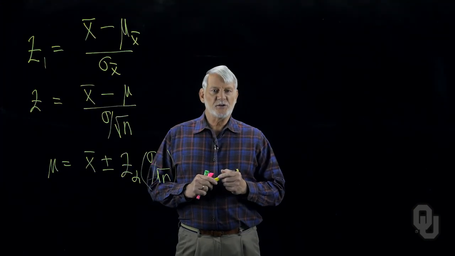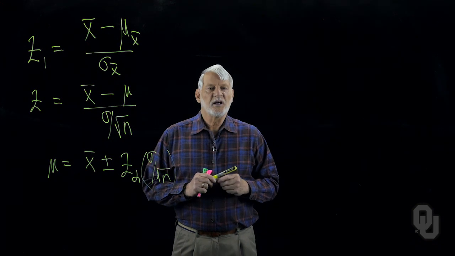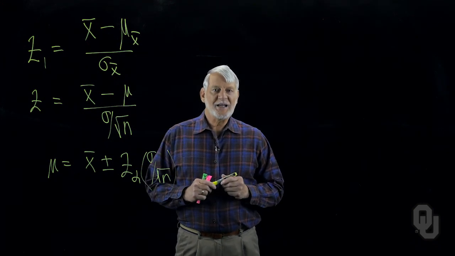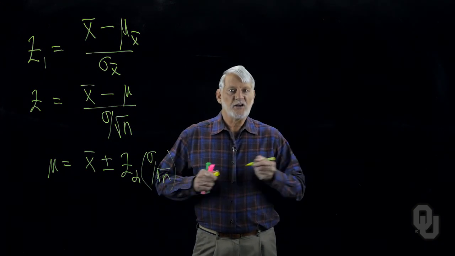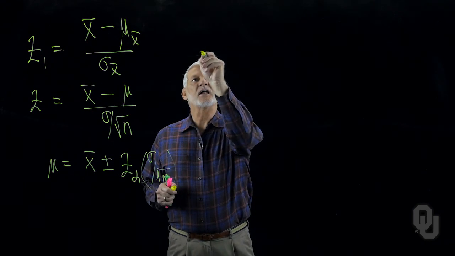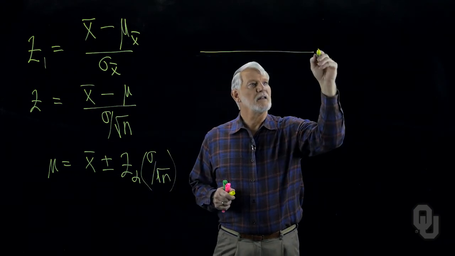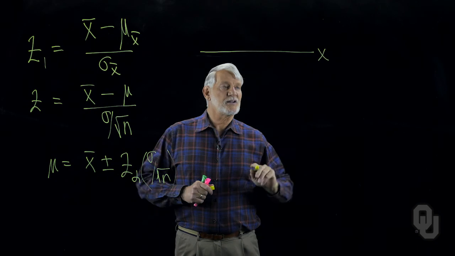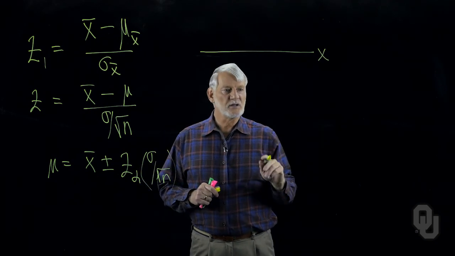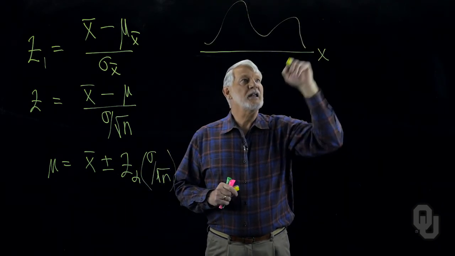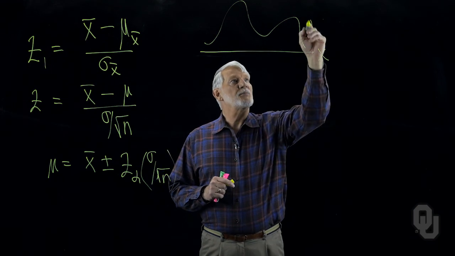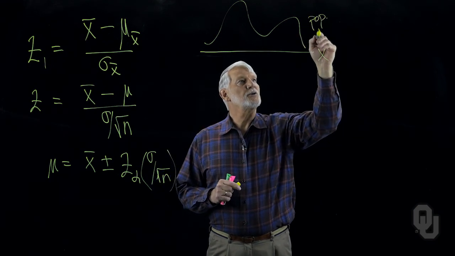The best way to see the relationships that we've learned and how they create a confidence interval is by looking at these graphs. Let's begin here at the beginning. These are the individual x's, the population distribution. This can look like any old goofy thing. This is the population distribution.